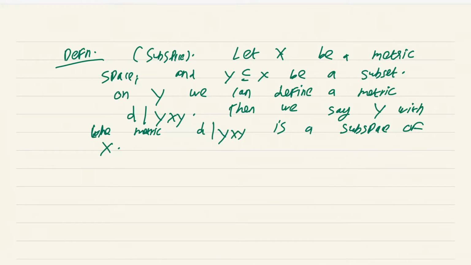Whenever you have a subset of a metric space, you can make it into a metric space in a natural way by taking the metric in the ambient space X and just restricting it to Y.